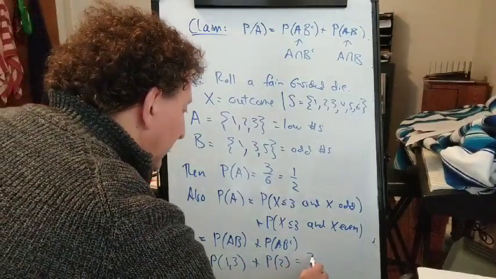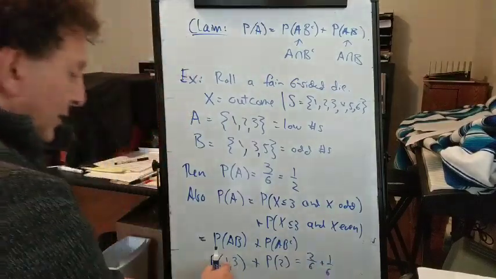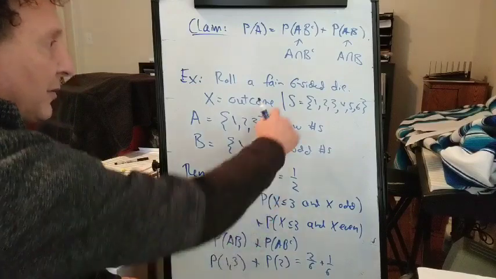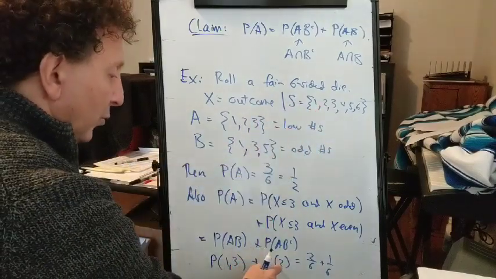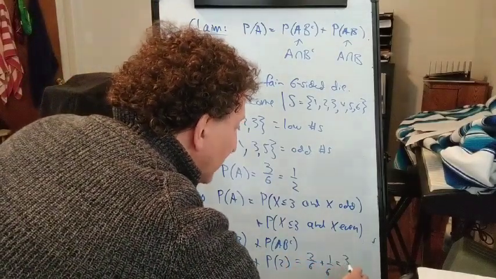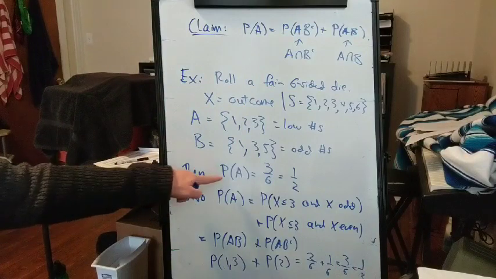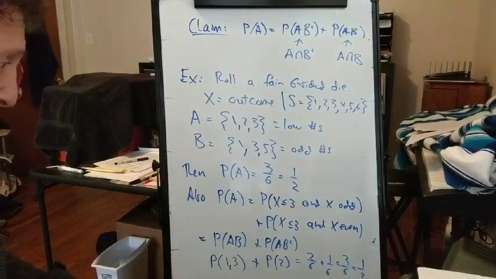So the probabilities are 2/6 and 1/6. Two possible outcomes over the 6 total, one outcome over the 6 total. So 2/6 plus 1/6 is 3/6, which of course is 1/2, which we knew the probability of A was.